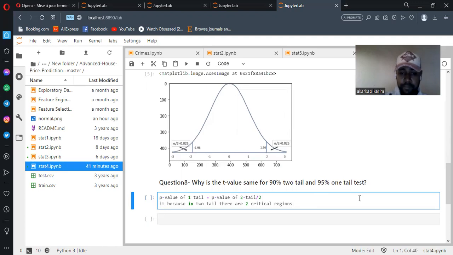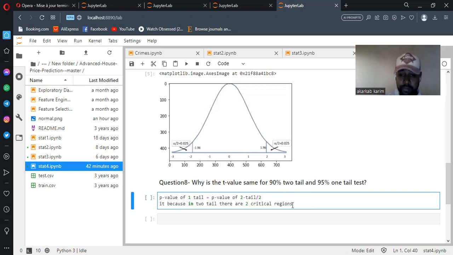Here, the critical value of a one tail test is the same as a two tail test, because the critical value is divided by 2 since we have two tails and we care about both sides. But in case of a one tail test, we have just one. So it's because in two tail there are two critical regions.